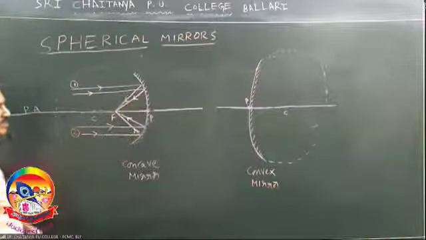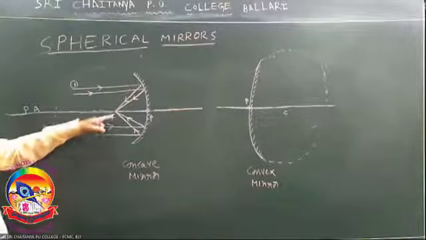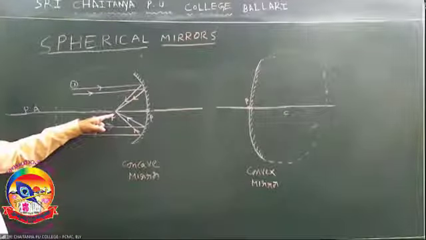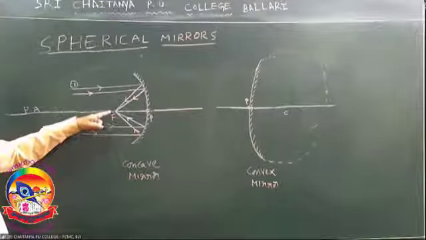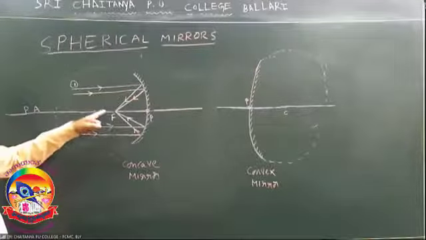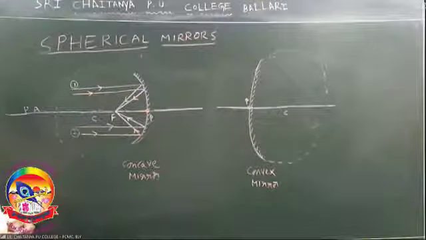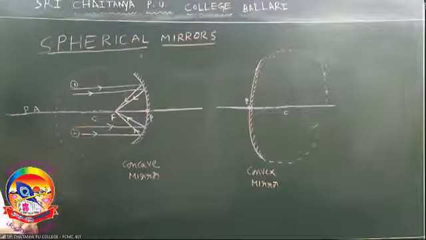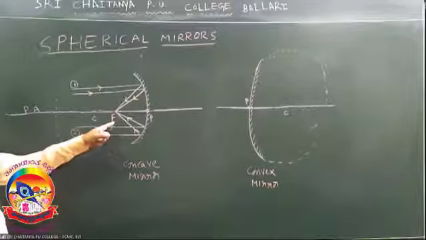This fixed point on the principal axis at which all the light rays parallel to the principal axis meet, converge really, is called the principal focus.